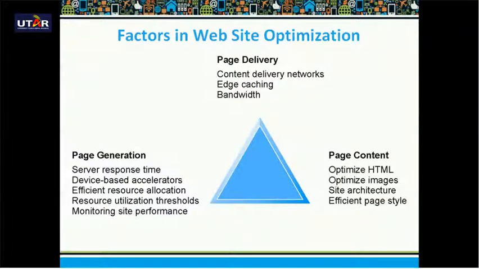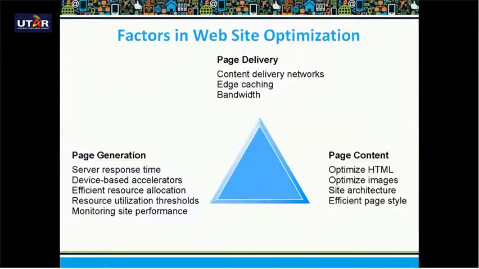So in order to attract potential customers to visit your site, there are some factors used for optimization. They can be used to rank your site and draw more internet traffic to your e-commerce page. For example, you can think about page delivery, such as content delivery networks, edge caching and bandwidth.